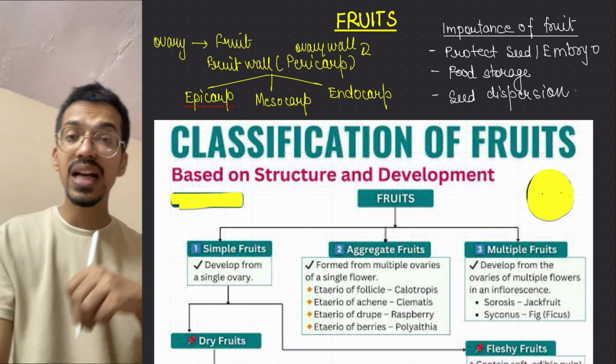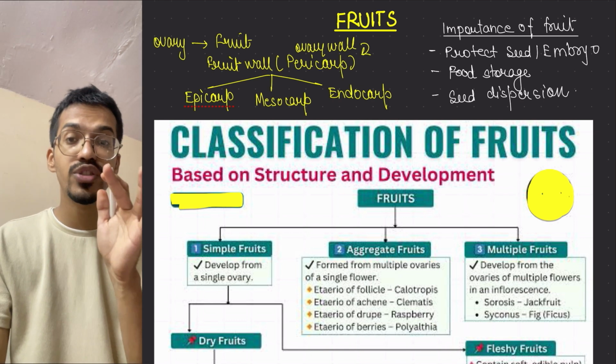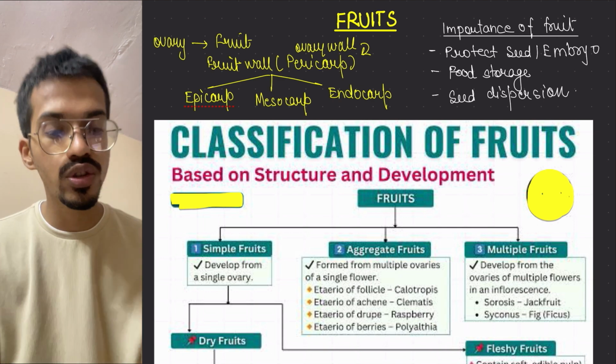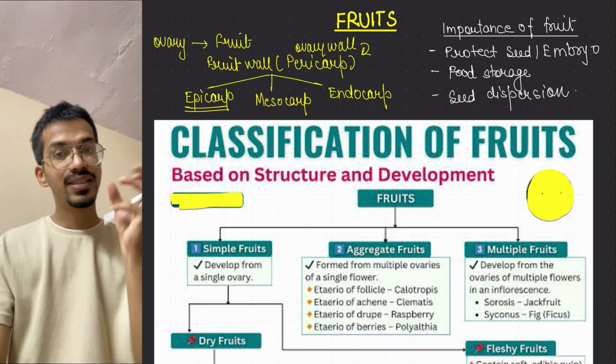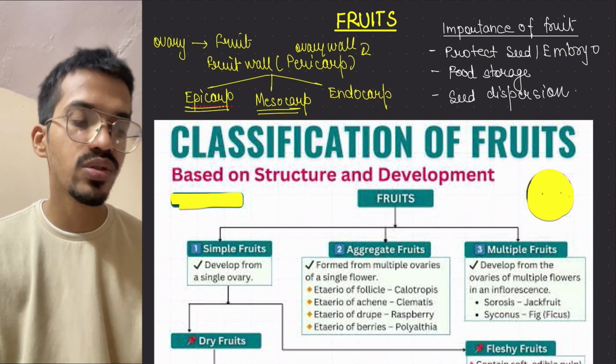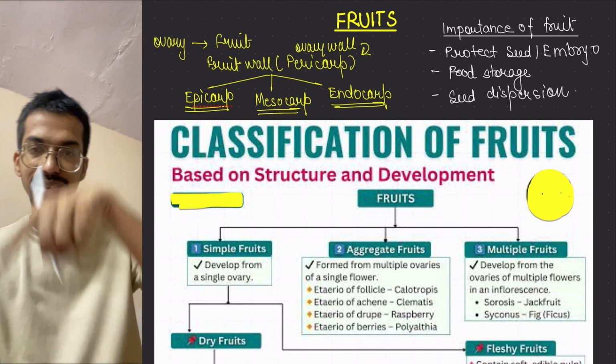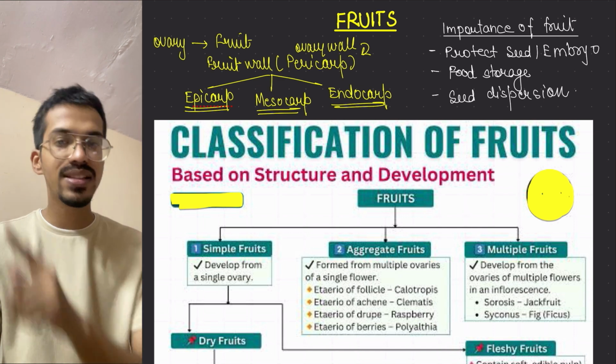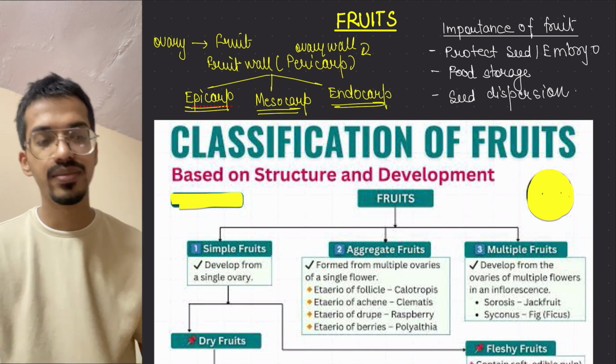Now this pericarp, the ovary wall, will change into the outer wall of the fruit called the epicarp. The center part is called the mesocarp and the innermost part is called the endocarp, and inside it the next layer would be the layer of the seed.